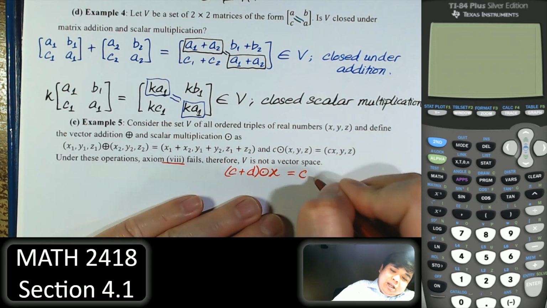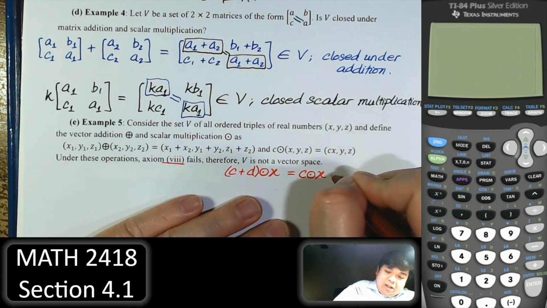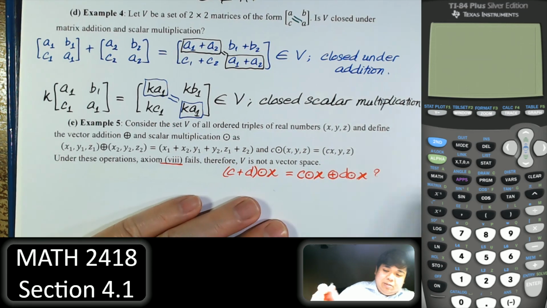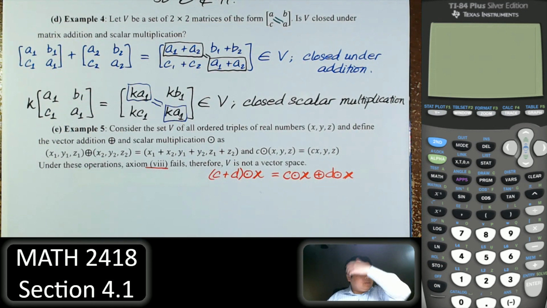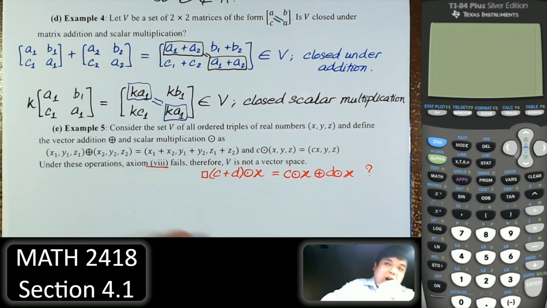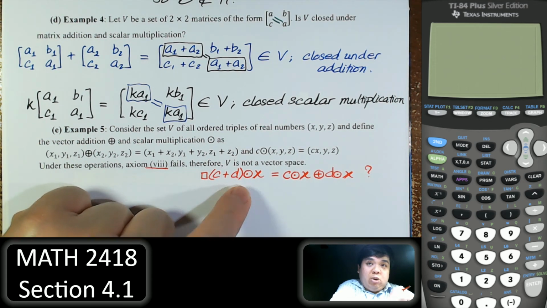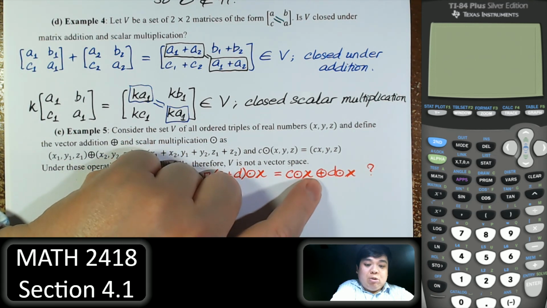So we have to have C multiplied by X and then plus D multiplied by X. And the question is, we don't know if this axiom is true or not. Once again, we have to use the scalar multiplication when we have a number and a vector, and when we have two vectors and we want to add them, it has to be this operation.